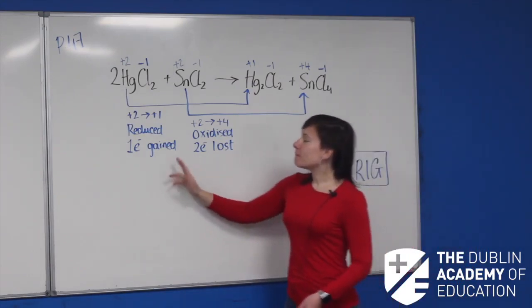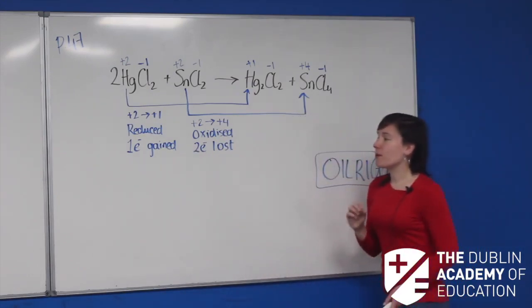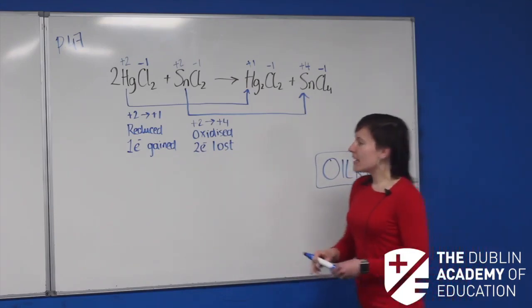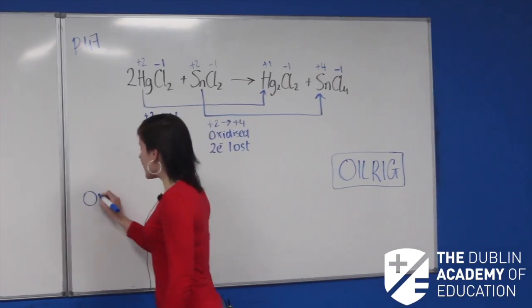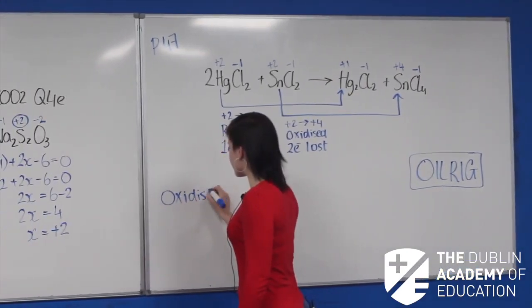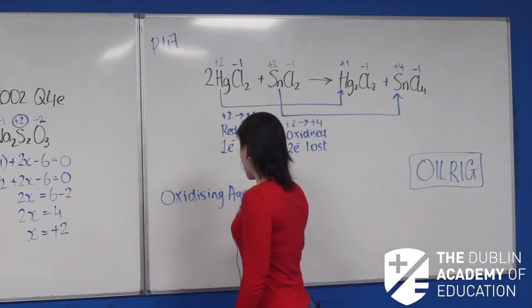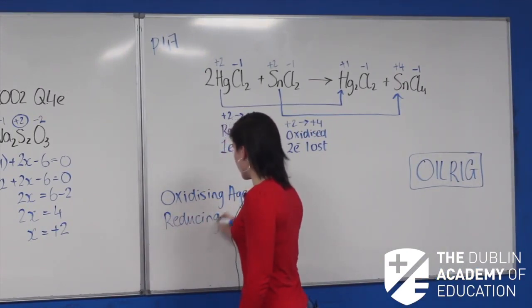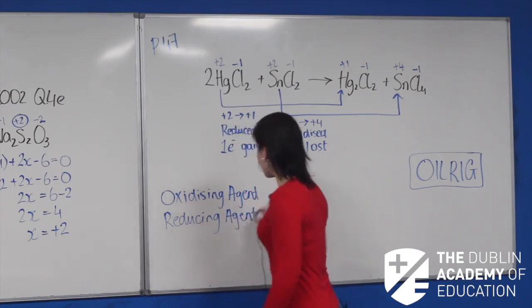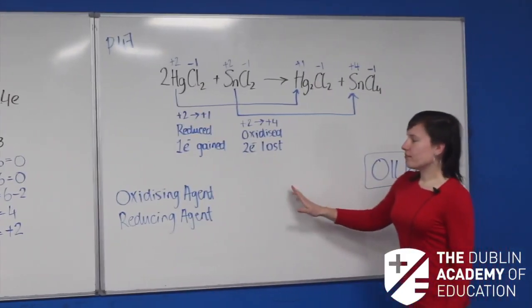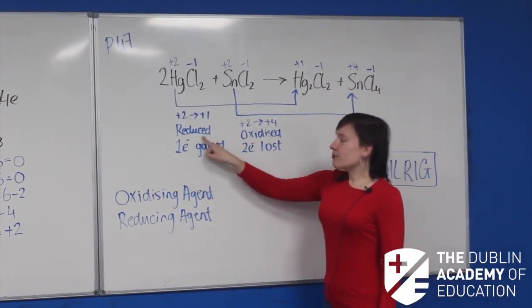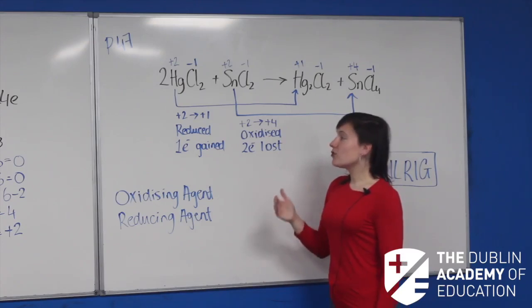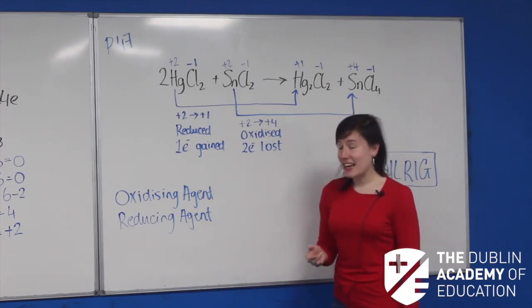Okay? Now, the other piece of information that I want to introduce you to here, another key term, is what we describe as an oxidizing agent and a reducing agent. Okay? Now, during a reaction, the reagent that is reduced, which in this case is our HgCl2, okay, so this is reduced during the reaction, it's gaining electrons.